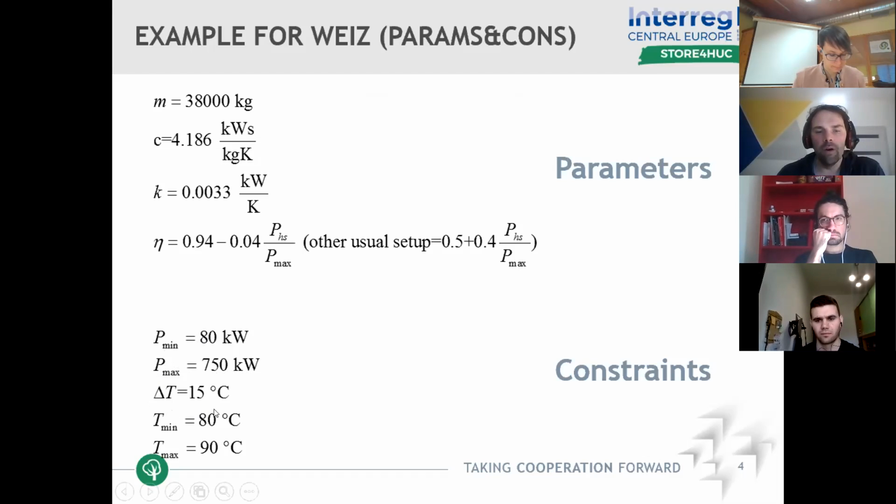Then next, what we have, for instance, seen from the responses recorded on the Whites site is that usually this stratification of the temperatures in the storage at the end gives some 15 degrees overall temperature difference from the top to the bottom.